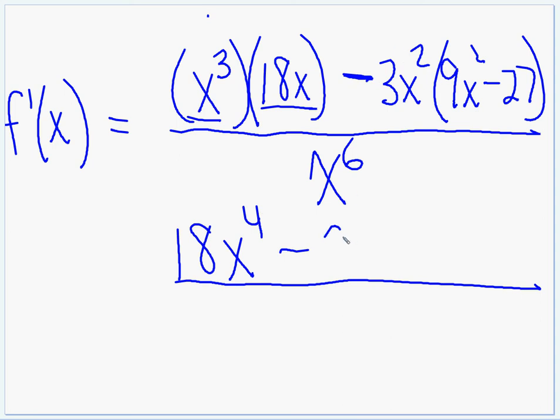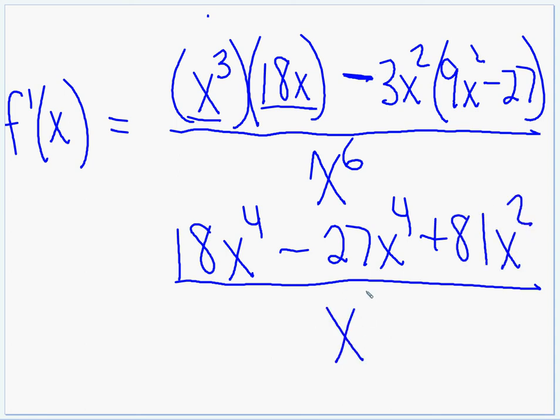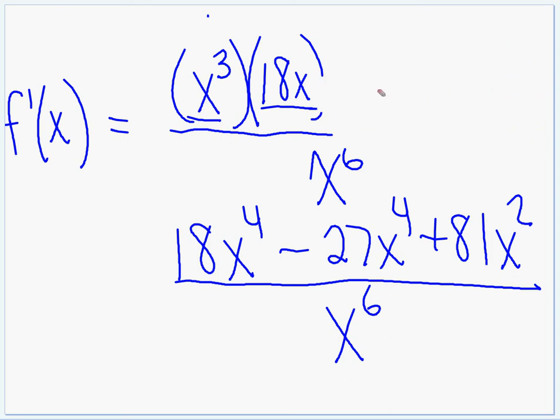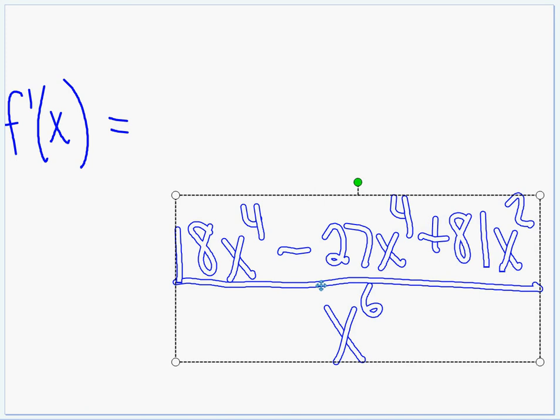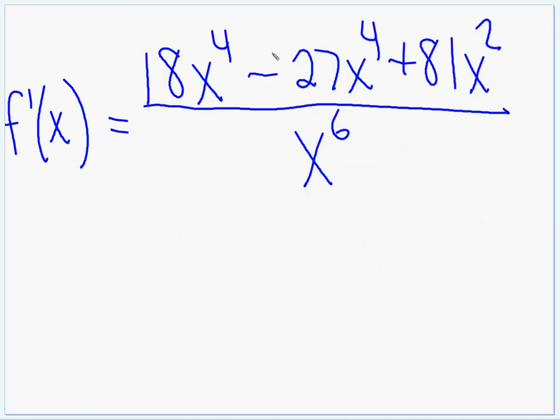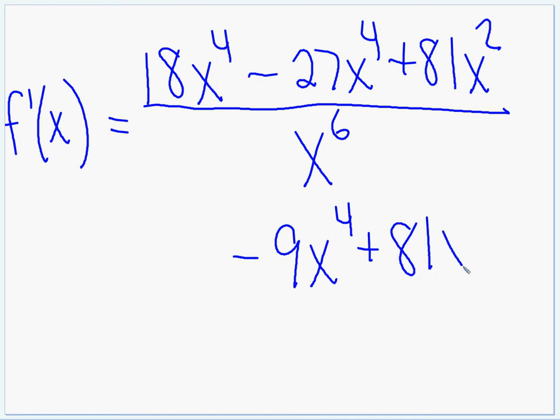And then a plus negative 3 times negative 27, that's a plus 81x squared, all over x to the 6. And we can combine some like terms in the numerator. 18 minus 27, that's negative 9x to the 4th plus 81x squared over x to the 6.